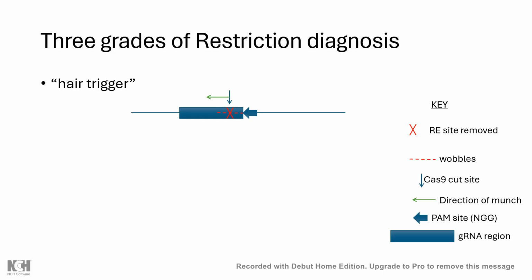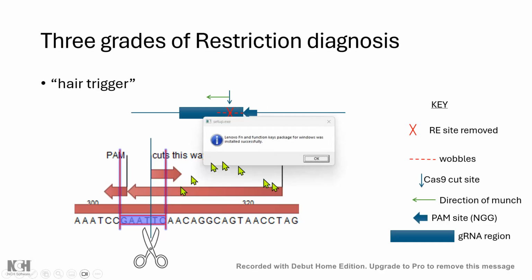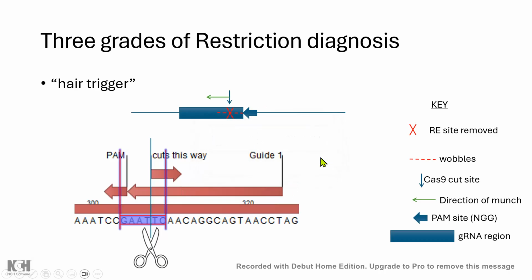Here's another illustration which is more up close and personal. Here we have EcoR1, a classic restriction site. The highlighted portion is the EcoR1 restriction site, and the pair of scissors shows the cut location.